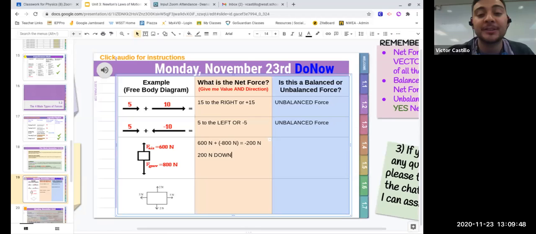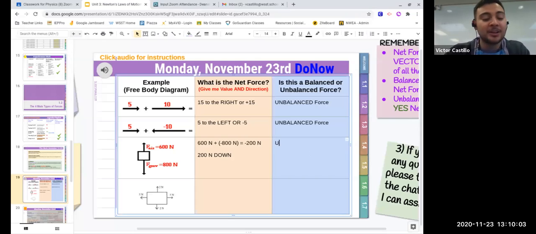That one's also giving us direction, okay? So the bigger value was 800 newtons, and that means that gravity is pushing it much more down than up. So the remaining force, the net force, was negative 200 newtons.